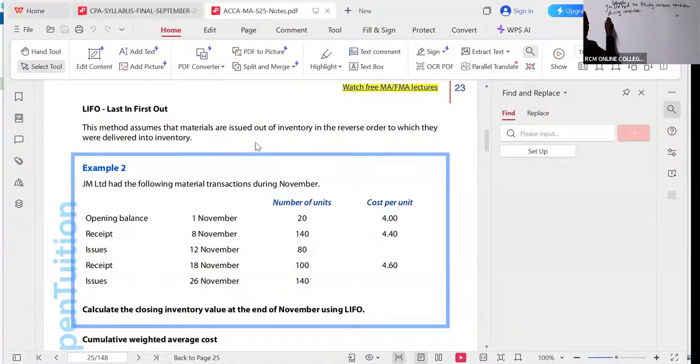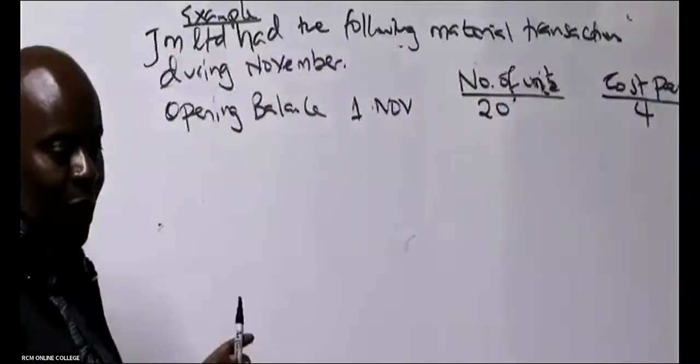So we have the opening balance. This is 1st November, number of units 20, and then cost per unit, in this particular case, 4.